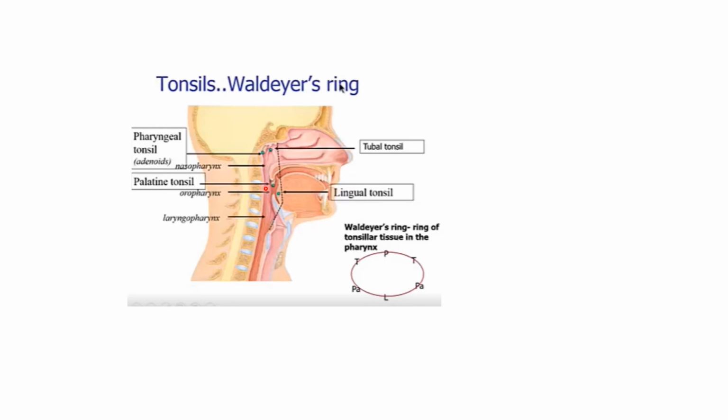Palatine tonsil is between the two arches, palatoglossal and palatopharyngeal arch. There is a tonsillar fossa in which lies the palatine tonsil. I hope you can distinguish. The other place where we have is the tubal tonsil. This is a sagittal section of the head and neck.